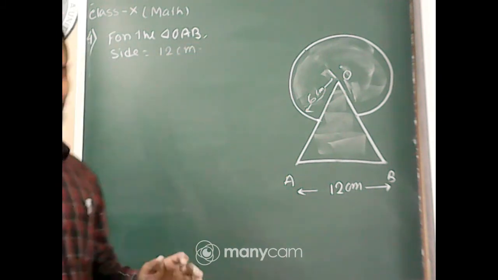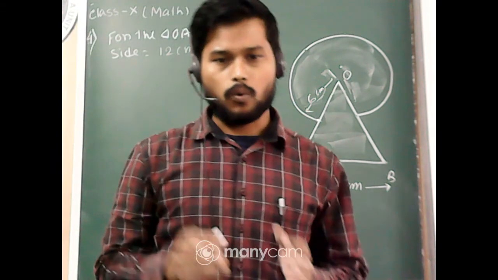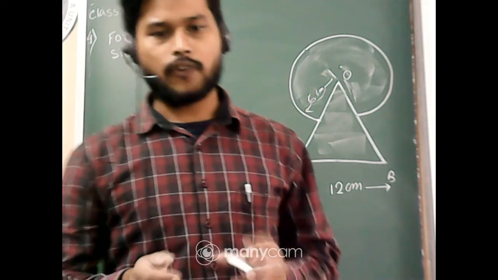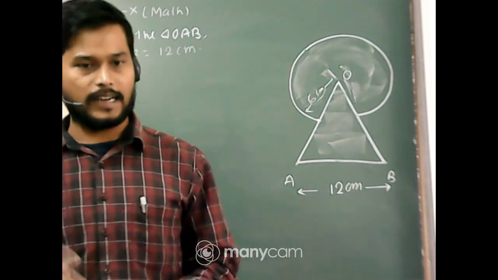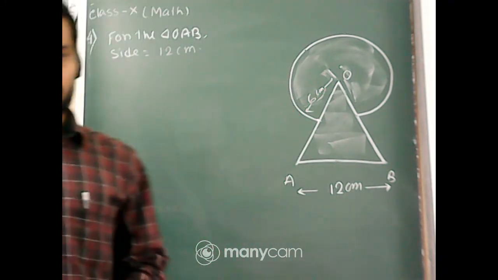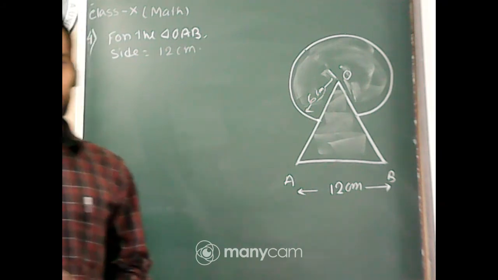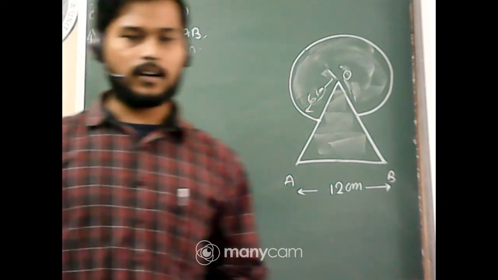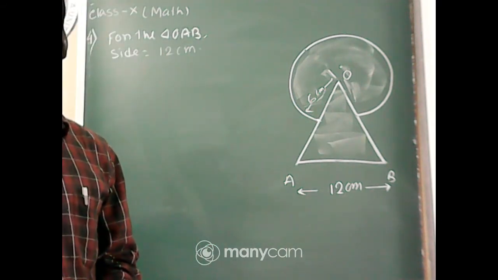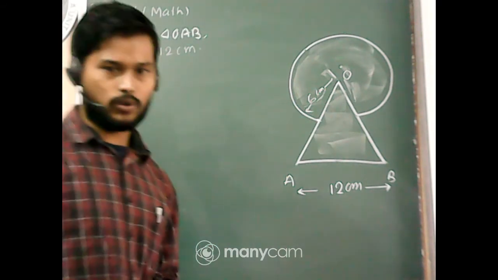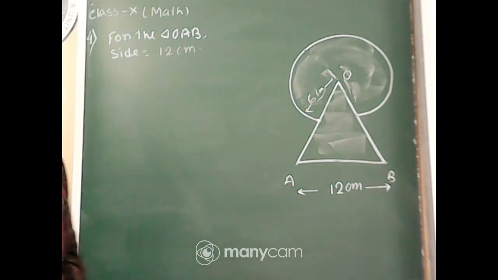Now there is one question for you. What is the formula to find out the area of an equilateral triangle whose side is given? Root 3 by 5? No. Yes, root 3 by 4 into a square. Very good, Somadev. Root 3 by 4 into a square.